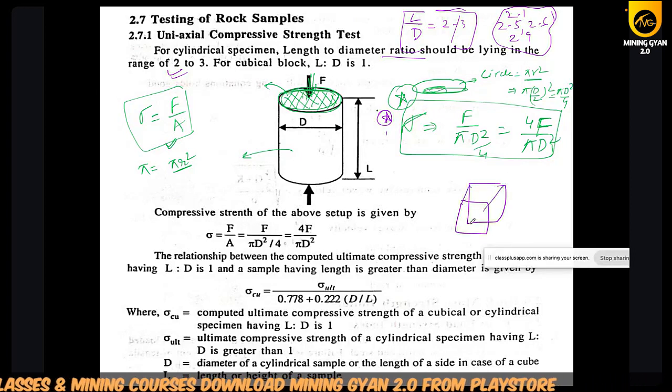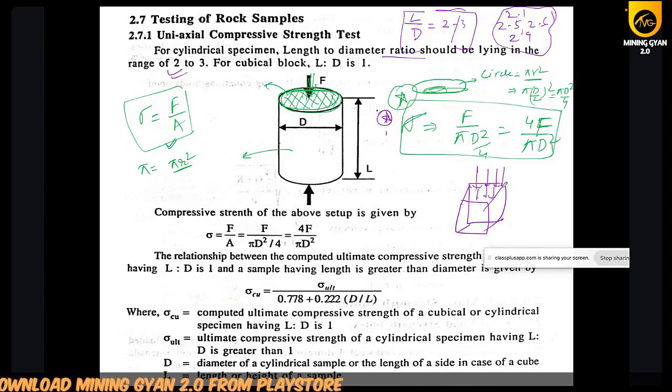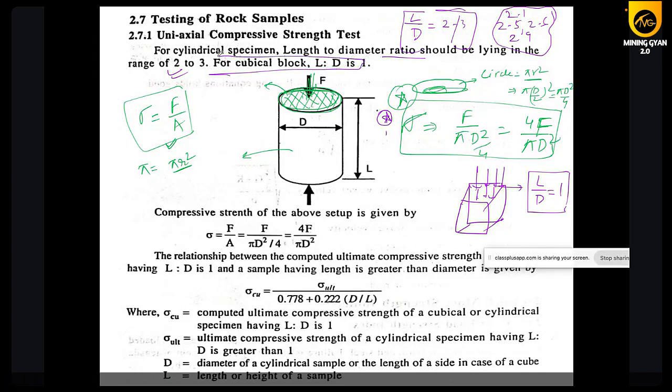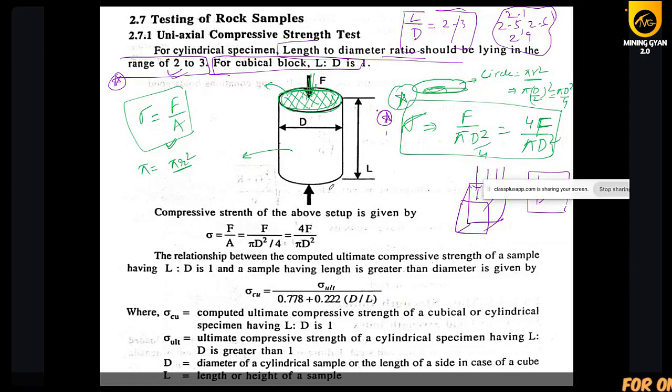Or if they will give you the cubic. This is the cubic. And if you are applying the force, then the length to diameter ratio should be 1. So please remember these two lines also. And this is the formula for your ultimate compressive strength.